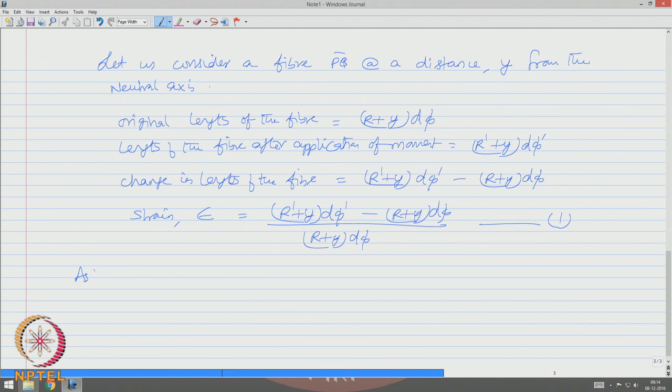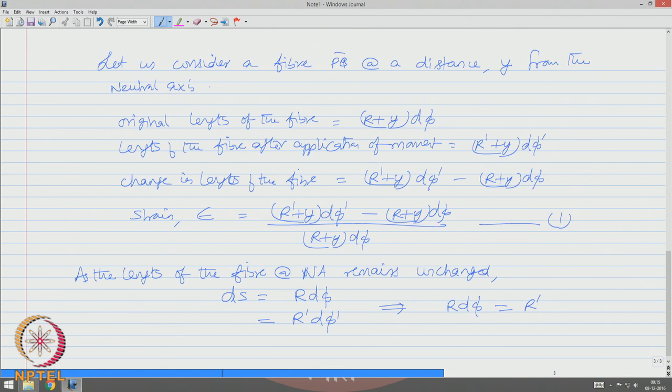Interestingly, as the length of the fiber at the neutral axis remains unchanged because it does not deform, I call that length as ds, which will be equal to both r d phi as well as r dash d phi dash, which implies that r d phi is r dash d phi dash is ds.